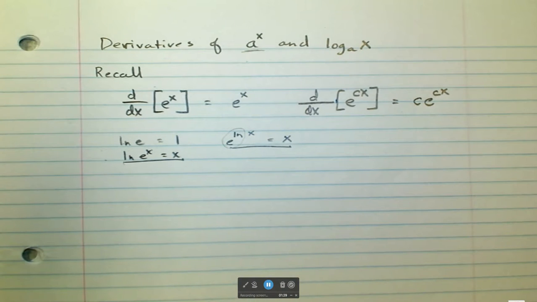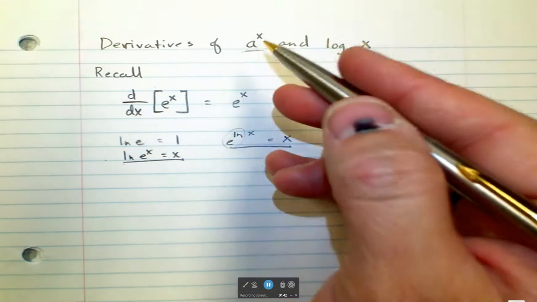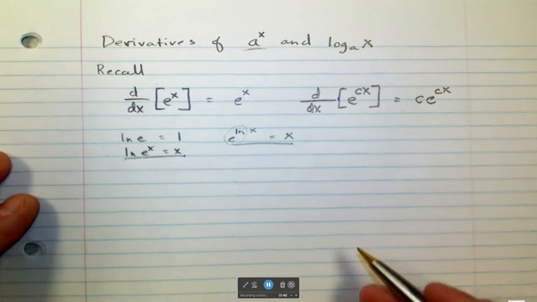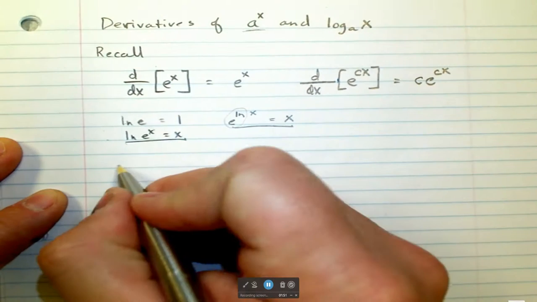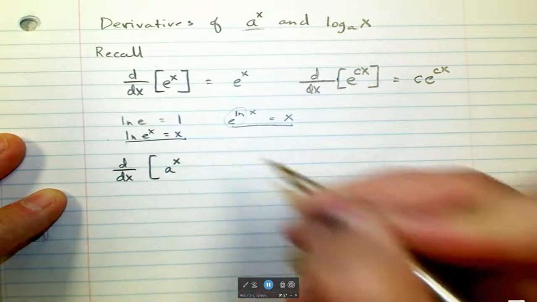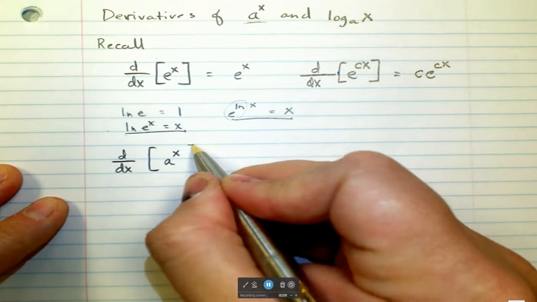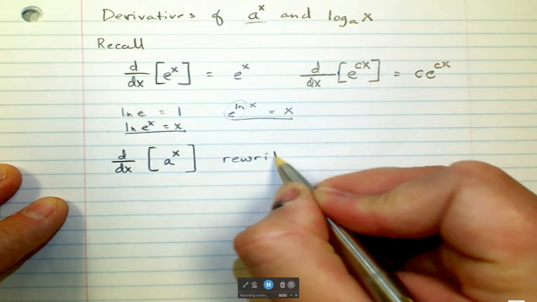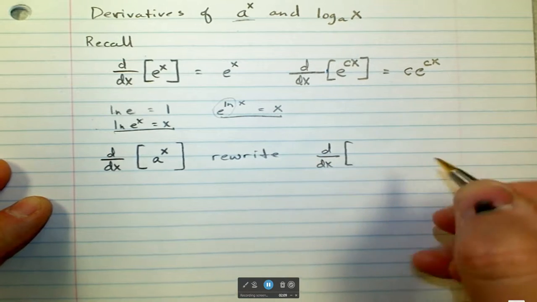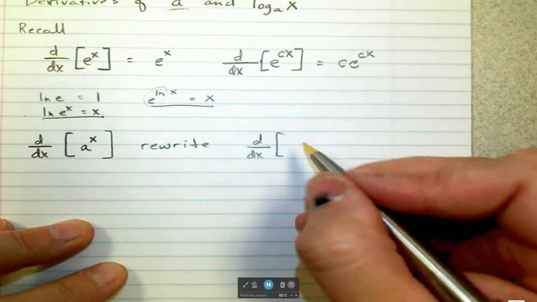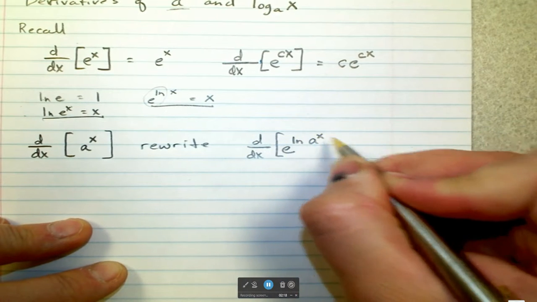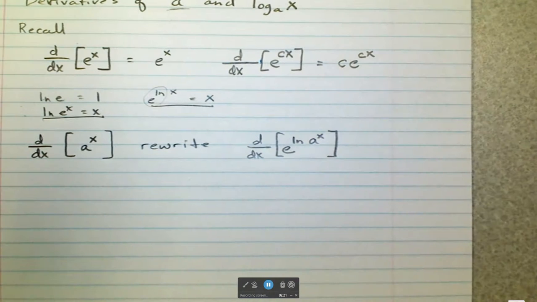We want to know not the derivative of e to the x, but the derivative of any number raised to the x. So 2 to the x, 5 to the x, whatever be the case. So we're going to start with the derivative of a to the x power, so any constant to the x power. And we're going to rewrite this as the derivative of e to the natural log of a to the x.